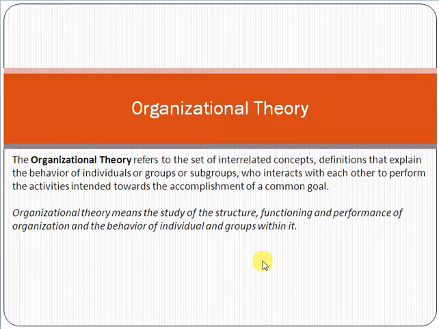Friend, if we move forward, take any multinational organization, for example ABC company. They have lots of departments like finance, accounts, IT division, procurement, HR. So there are multiple departments. But see one thing: in the whole organization, the persons working there have a single objective in their mind.